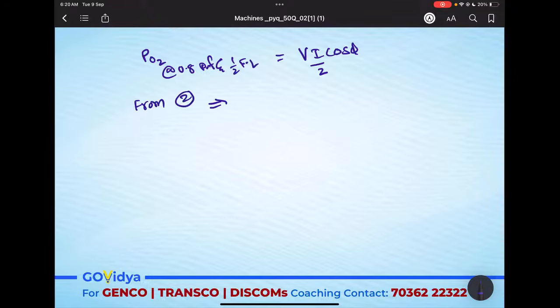From that, P02 can be written as 400 into 10 cube divided by 2, cos phi is 0.8. How much will it come? Let's calculate. 2 ones, 2 twos, 16.